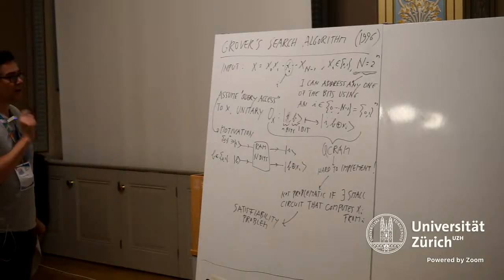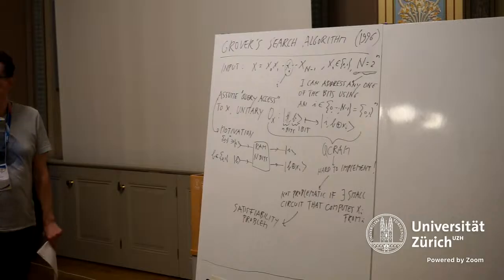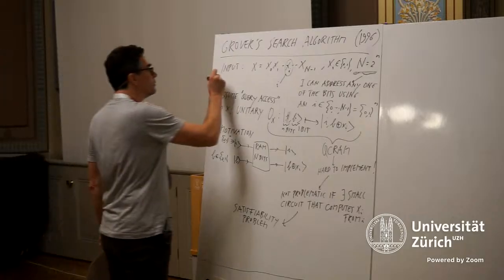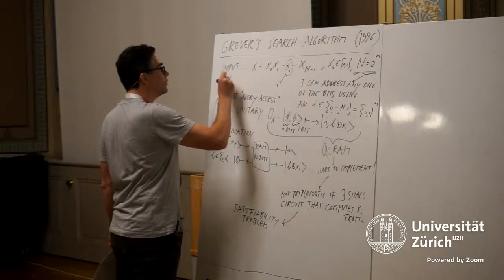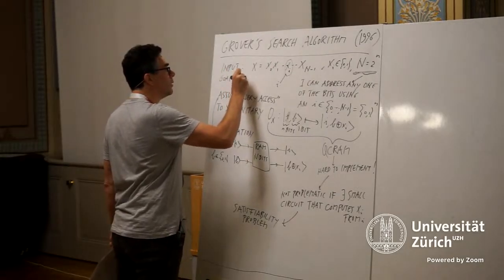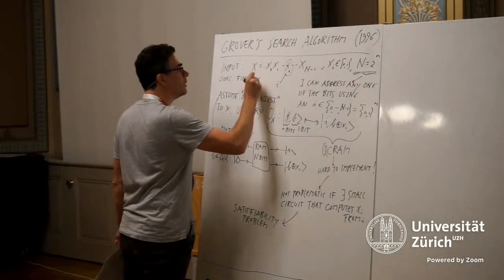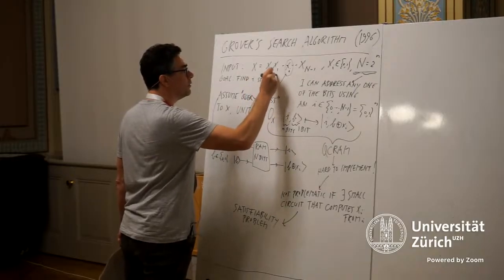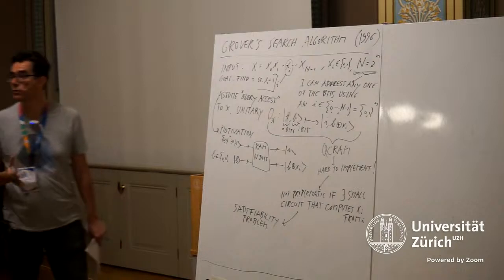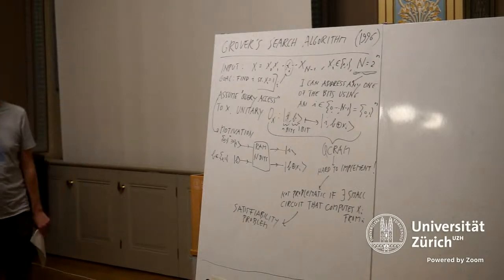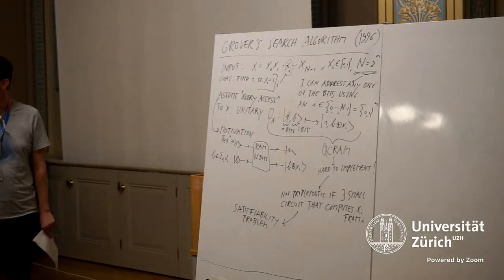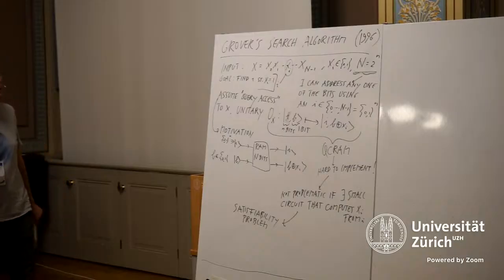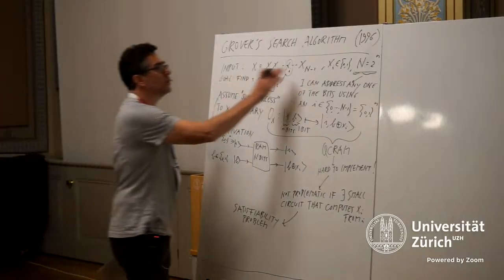And I actually haven't told you what the search problem is about. So the goal is to find the location of a 1 bit in this sequence. So find an i such that xi is 1, which in the case of satisfiability just means find a satisfying assignment for my logical formula, if there is one. If you could solve this in time polynomial in little n, that would be great.